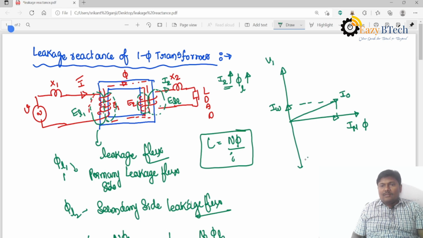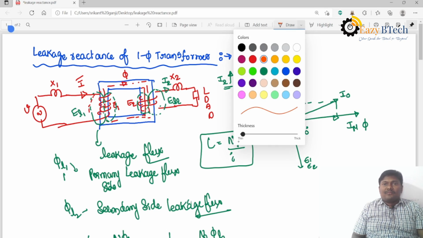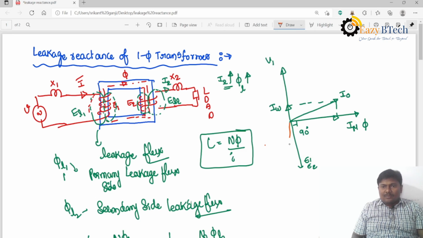The angle between flux and induced EMFs is 90 degrees. With respect to E2, V2 is lagging at an angle of delta, which is a small angle.